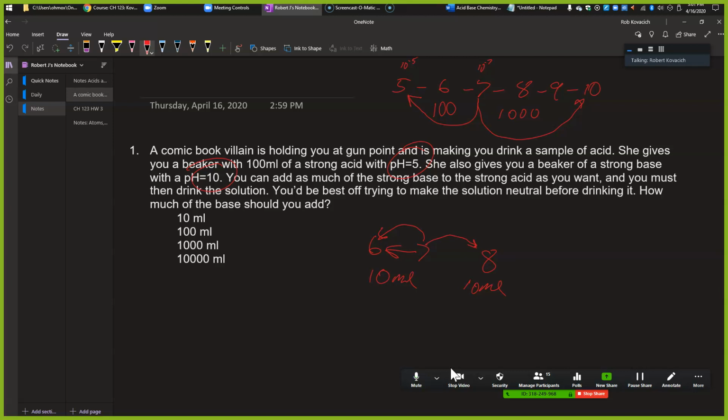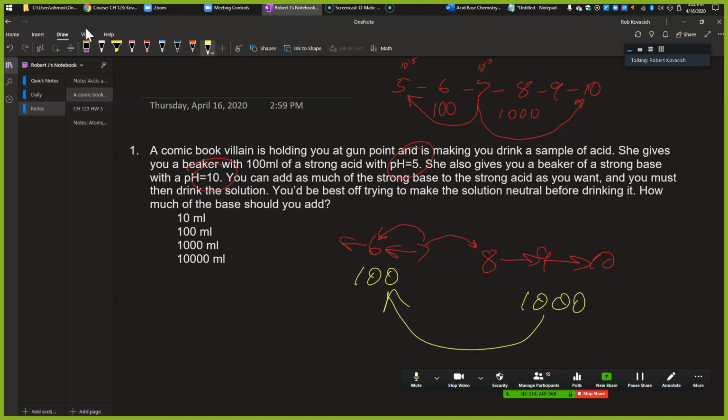So what if I go 2 steps this direction? Then it would be 100 times more acidic. And then what if I go 3 steps this direction? 1,000 times more acidic. So over here, it's 1,000 times more acidic. Over here, it's 100 times more acidic.